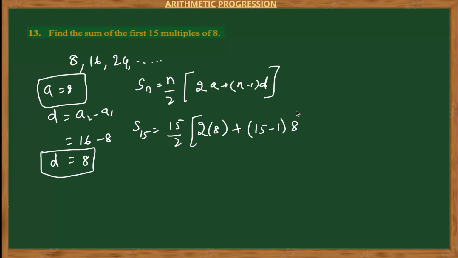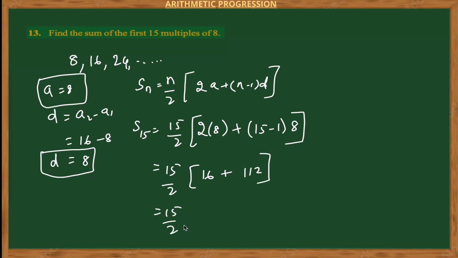Further simplifying, 2 eights are 16 plus 15 minus 1, 14, 14 into 8 is 112.